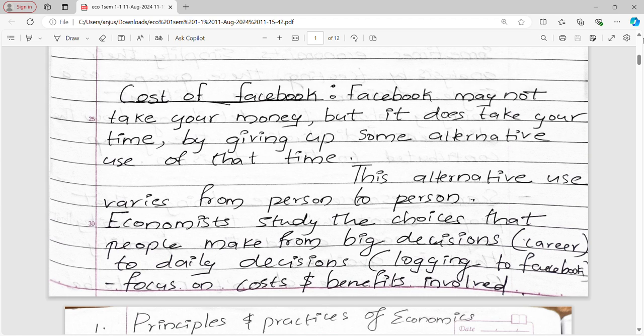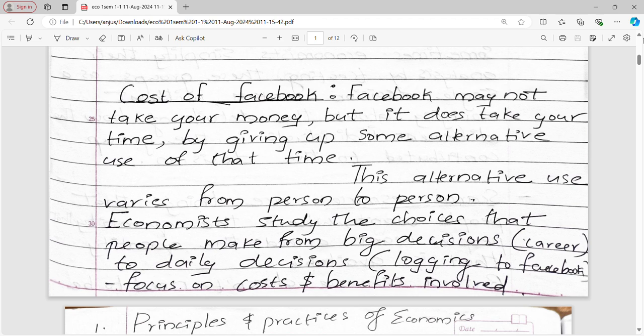The time that you spend on Instagram, say 1 hour a day or half an hour a day, you can use to study, to read a novel, to dance, to learn new dance tips, or to cook a new recipe. So you are giving up some alternative use.